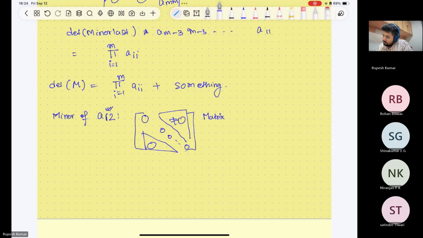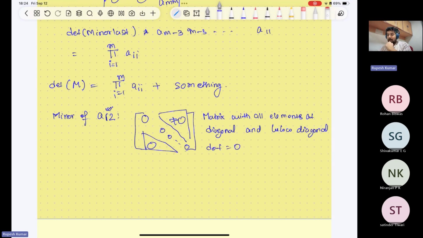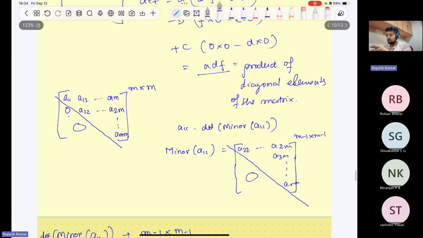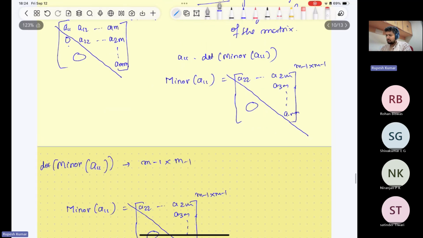A matrix with all elements at the diagonal and below the diagonal being zero. So what is the determinant? You will get that the determinant will be 0. Why? Again, you have to do this again. So a very simple process.